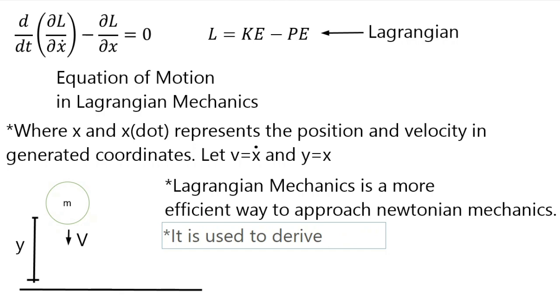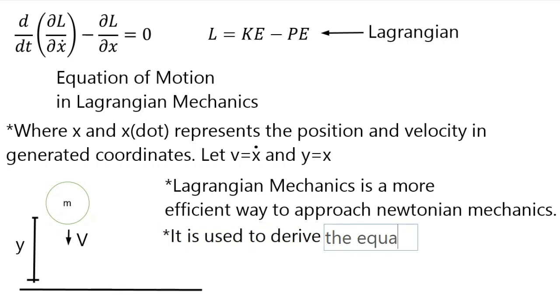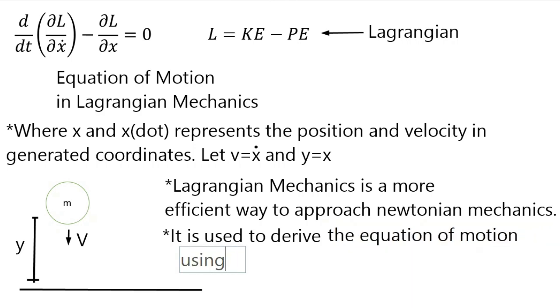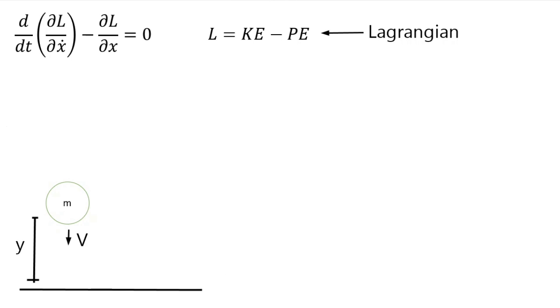It is used to derive the equation of motion using just kinetic energy and potential energy. It's just energy. Lagrangian mechanics is also a prerequisite for quantum mechanics, so this is really essential if we're going to take quantum mechanics. We need to go into Lagrangian mechanics first.